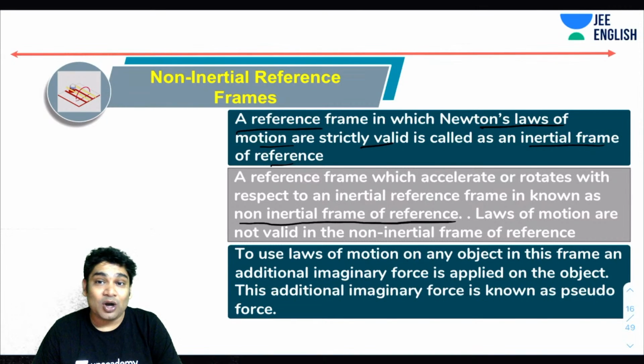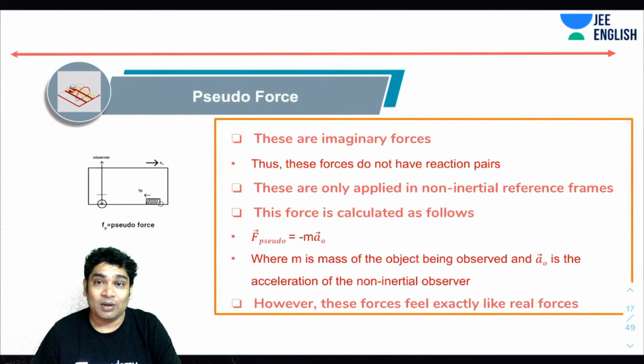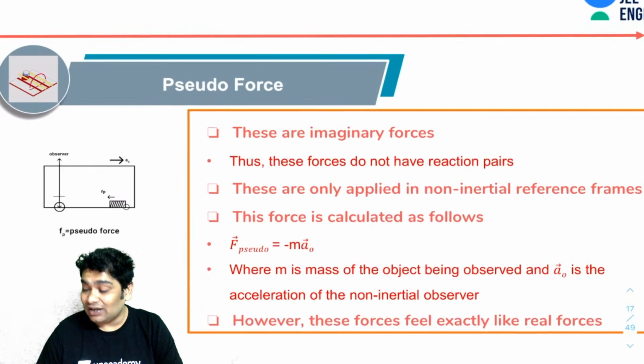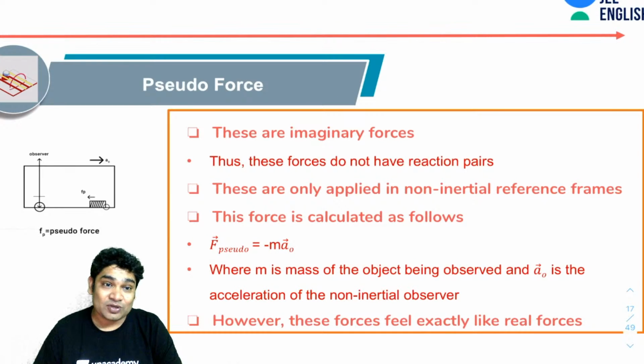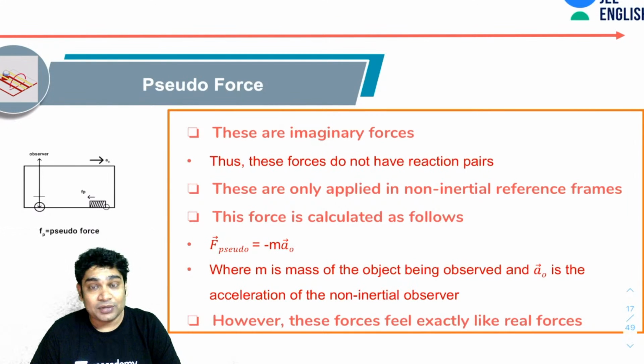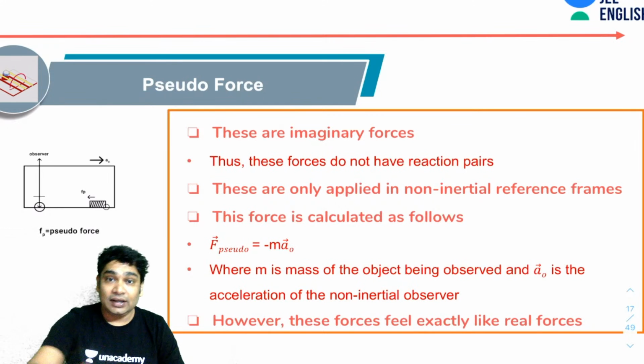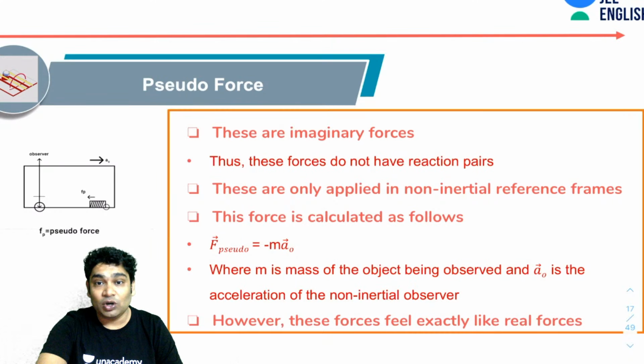So to use laws of motion on any object in a non-inertial reference frame, an additional imaginary force is applied on the object. Now this additional imaginary force is called a pseudo force. Okay. That is what we are talking about. So pseudo forces are nothing but additional imaginary forces that you apply on an object in order to explain its motion from a non-inertial reference frame where F equals ma equations would not have worked.